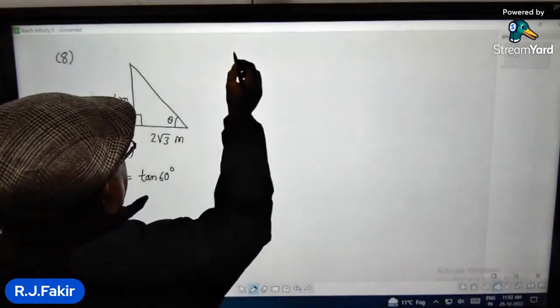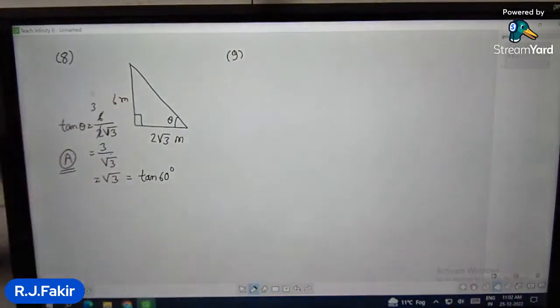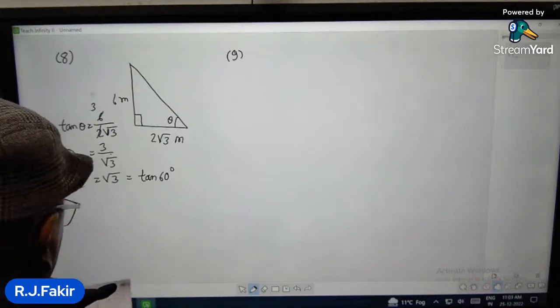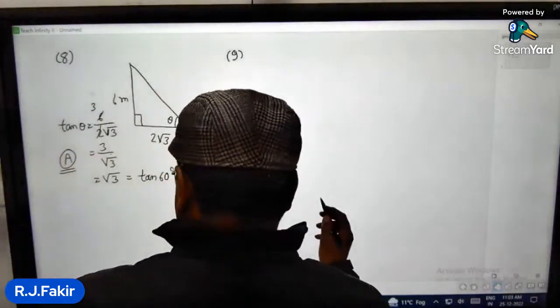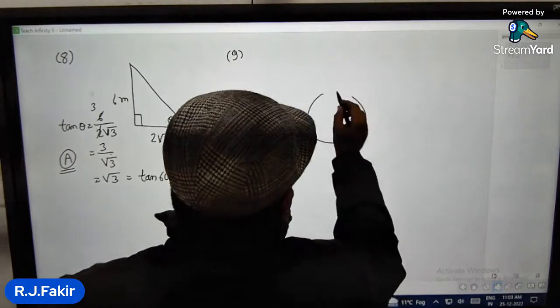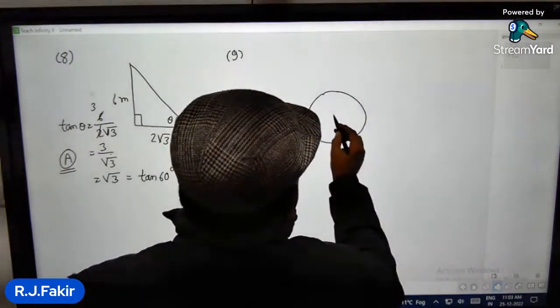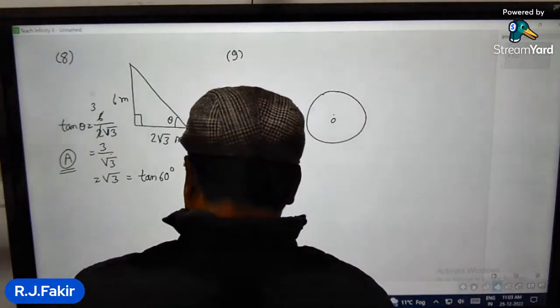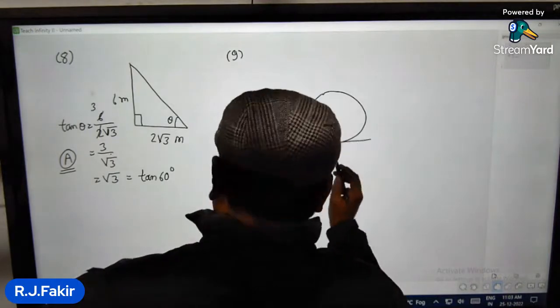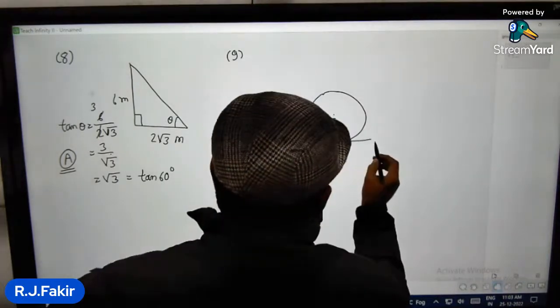Now the question number 9. Now in question number 9, there is a circle which has a center O. Then you have a tangent here which is a DC.